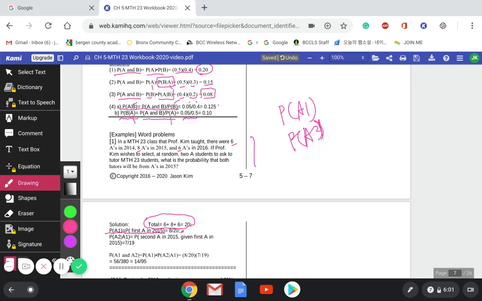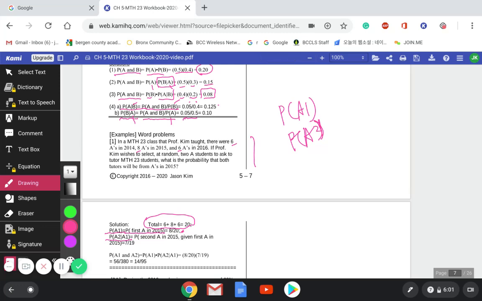Now to choose the second student, the total number has been affected. There are not 20 anymore because one has been chosen, so you cannot use that first tutor that you chose as the second tutor. So instead of 20 people, now you have a pool of 19.